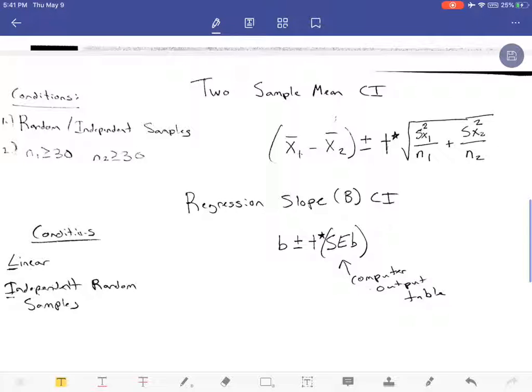Our formula: our point estimate is going to be the mean of sample 1 minus the mean of sample 2, plus or minus the critical t-score, and then we plug in our standard deviation formula right there, which is again straight out of the formula sheet.